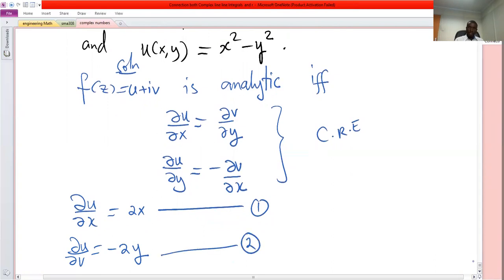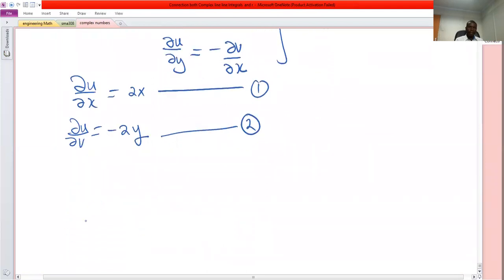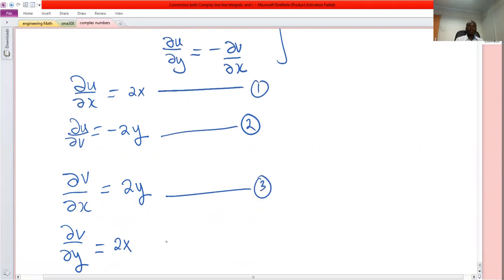From these Cauchy-Riemann equations and 1 and 2, we clearly see that partial v partial x will be, because it's a negative of this one, 2y, and partial v partial y is the same as partial u partial x, which is 2x. Call this one 3, call this one 4.